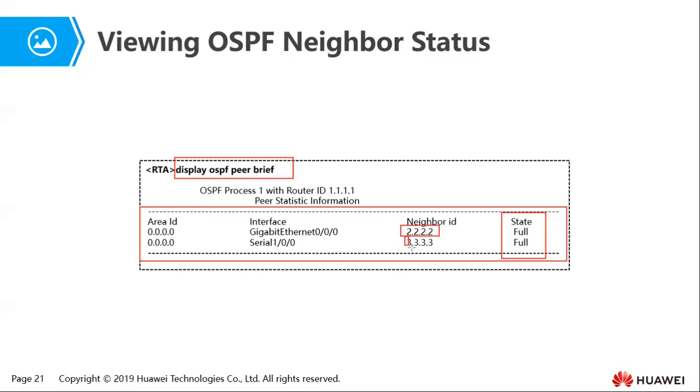So RTB and RTC are the neighbors via this interface, G0/0/0, and this one via that interface, on area 0.